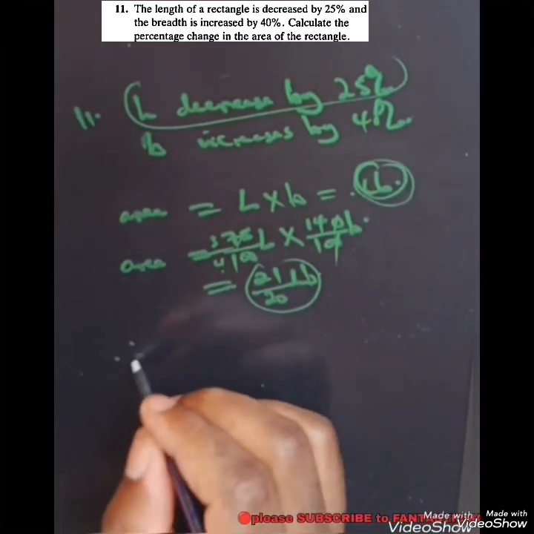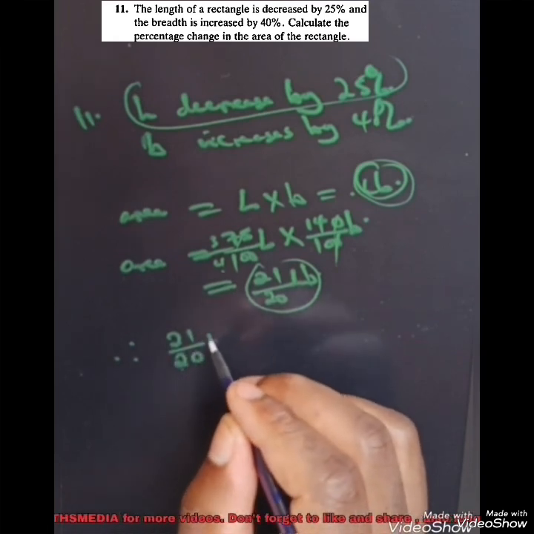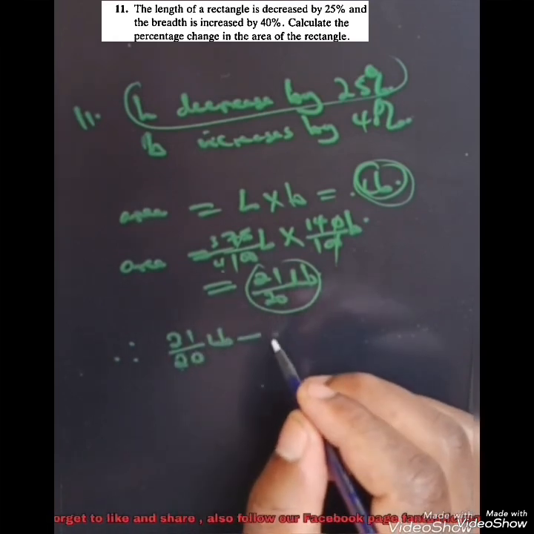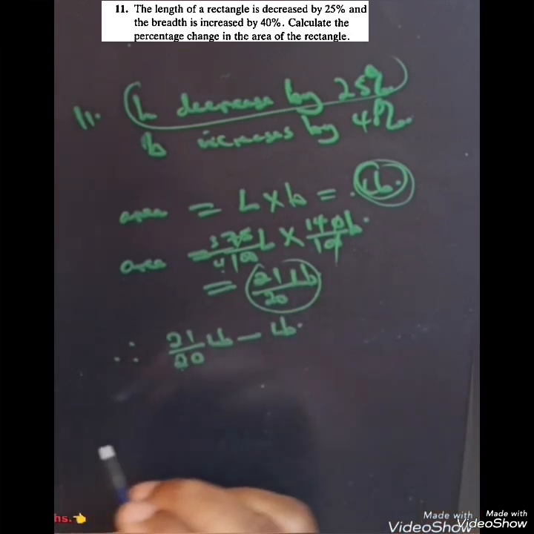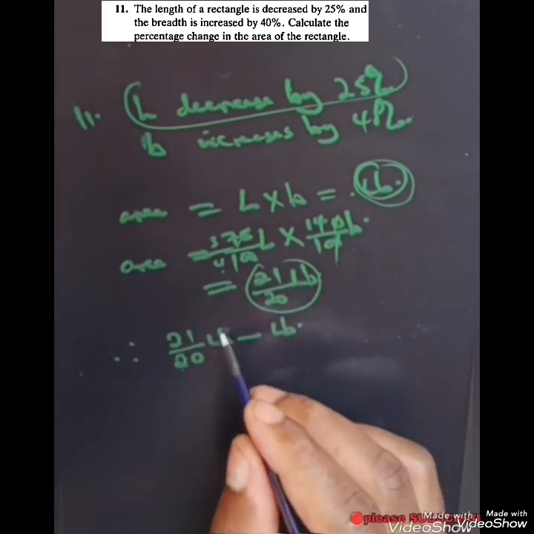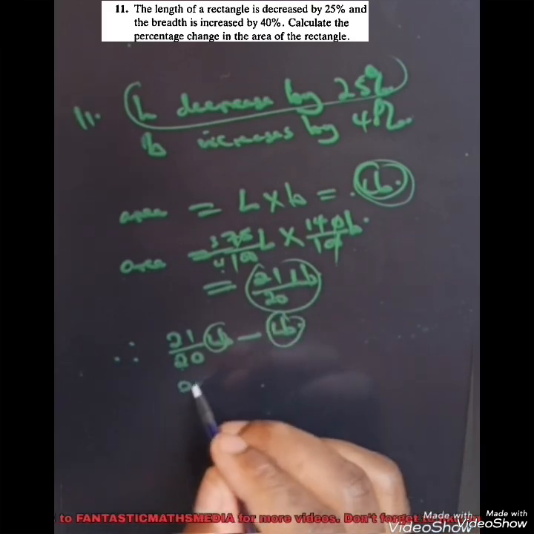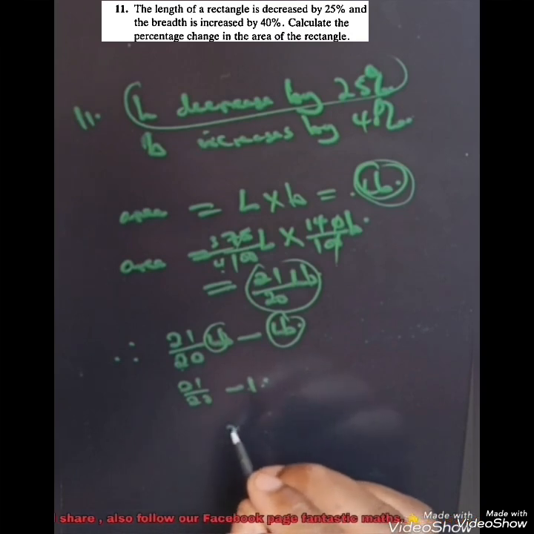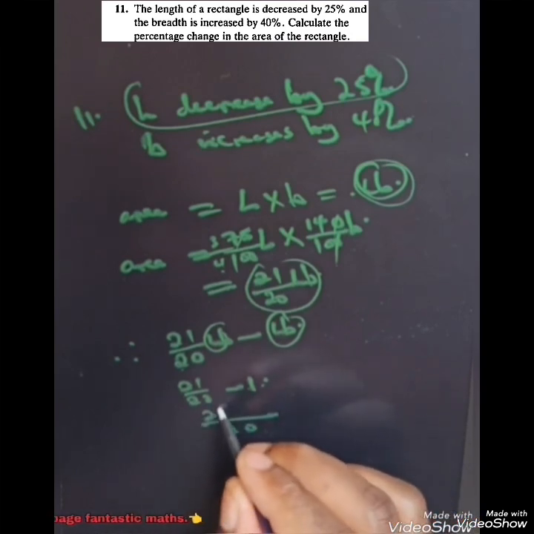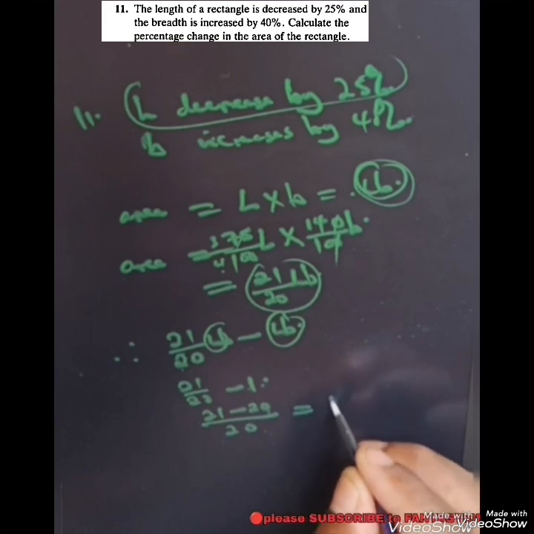So we need to find the percentage change. We have to subtract: 21 over 20 LB minus LB, so that we have the change. 21 over 20 minus 1 is 1 over 20.